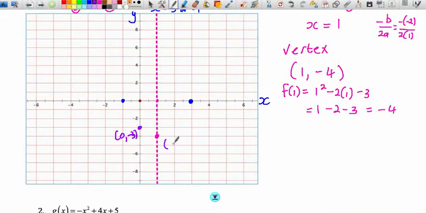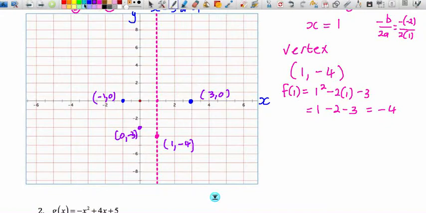I'm going to start adding my labels in here now. My vertex is at 1, minus 4. One of my x-intercepts is at 3, 0, and the other one is at minus 1, 0. And we are now in a position to sketch our graph.